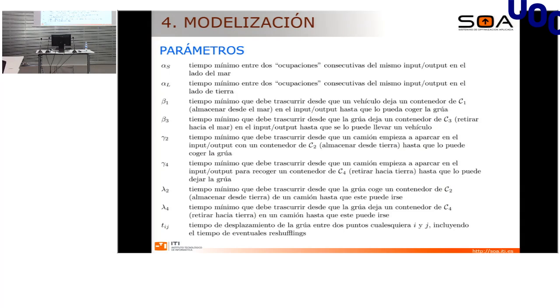When the crane, for example, delivers a container, you need maybe 2-3 minutes until the trucks leave the block. So all these parameters model these service times, the minimum time between two operations at the same input-output point.